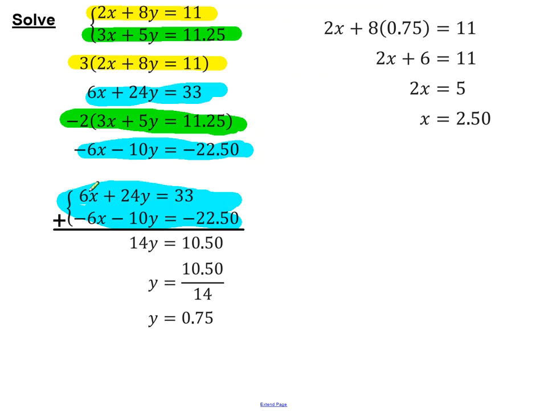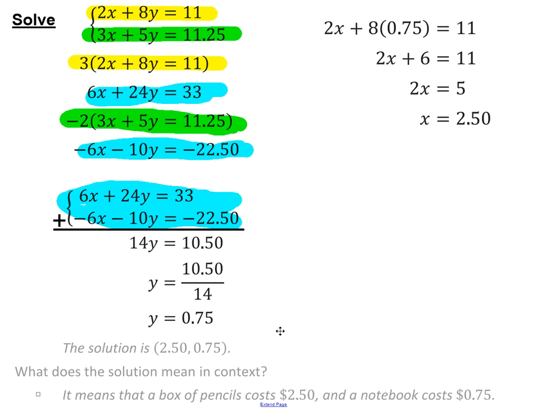Solve this algebraically using elimination, add them up, get 14y is equal to 1050, divide both sides by 14, get y is equal to 0.75. That's my cost of my notebooks. Plug that back in to get the cost of the pencils. So in context here, the solution coordinate is 250, 0.75, or in context, a box of pencils costs 250, a notebook costs 70.